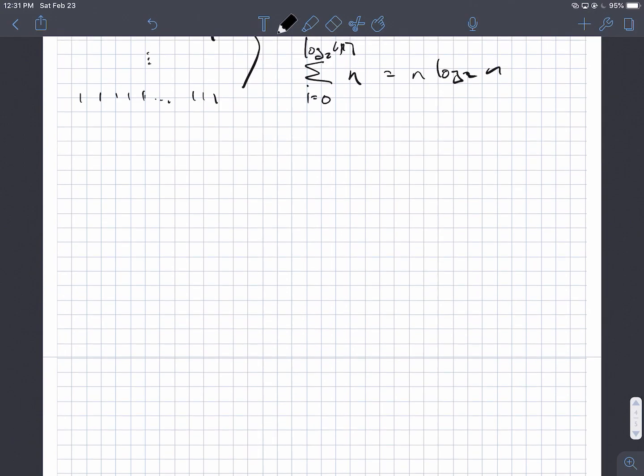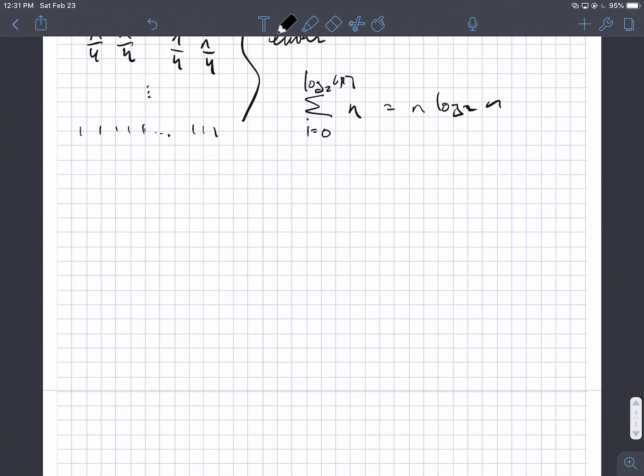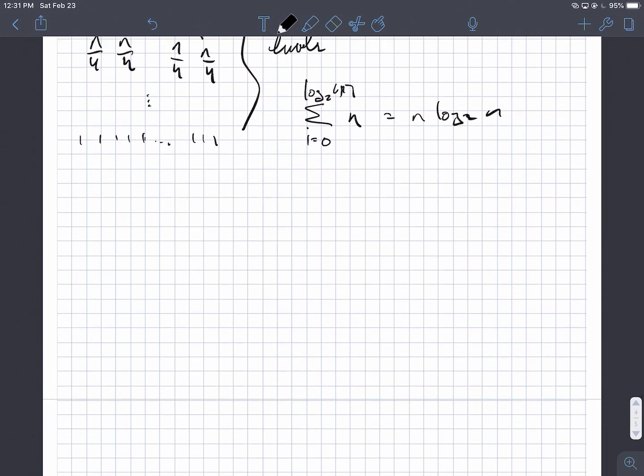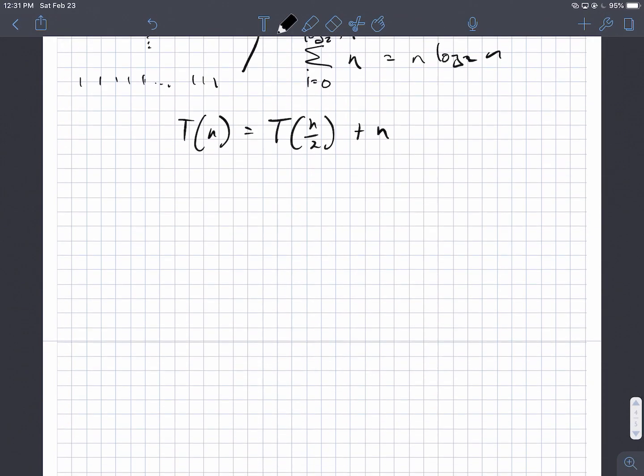So the misleading example here is quick select. Quick select was T(n) = T(n/2) + n. And the tree would look something like this: n/2, n/4, 1.